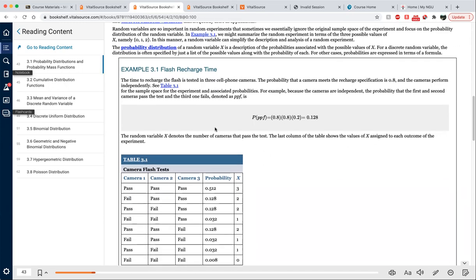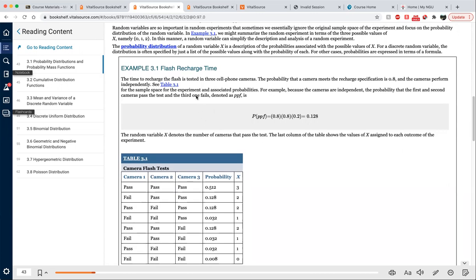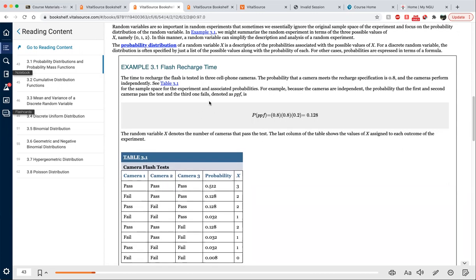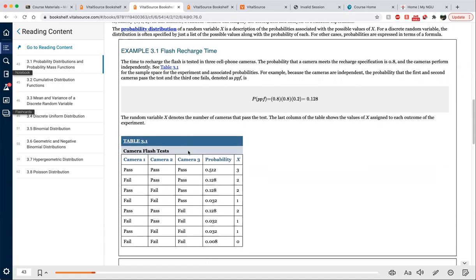Now let's see example 3.1, flash recharge time. The time to recharge the flash is tested in three cell phone cameras. Here's a table. The probability that a camera meets the recharge specification is 0.8, and the cameras perform independently.